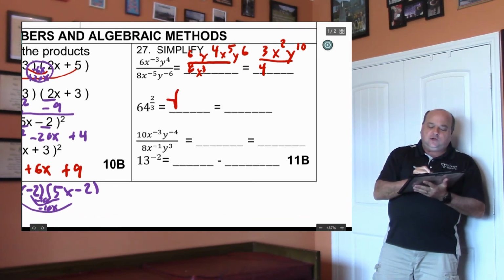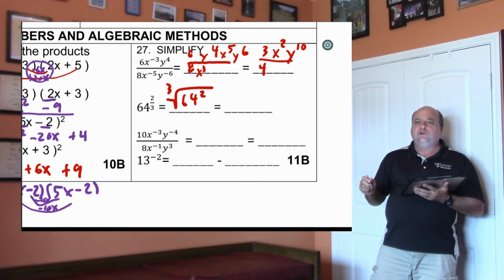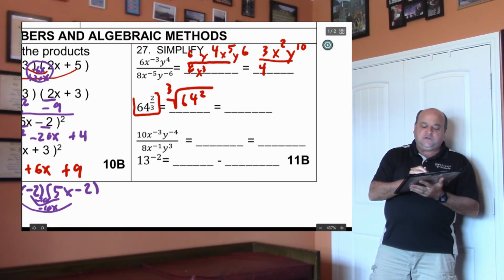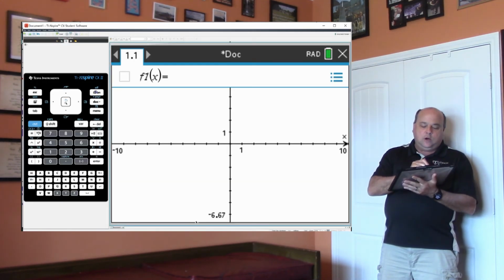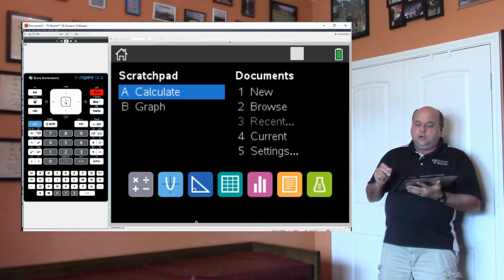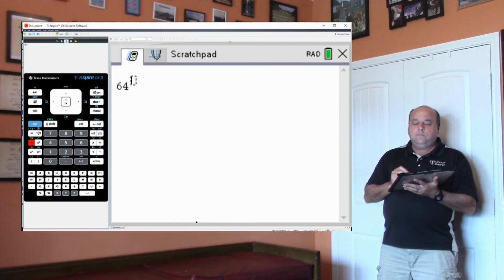This will turn into the cubed root of 64 squared. You could punch this straight into the calculator. I'm going to show you how. If you go to home and hit calculate, you're going to type in 64, then hit the caret button. That gives you the exponent.